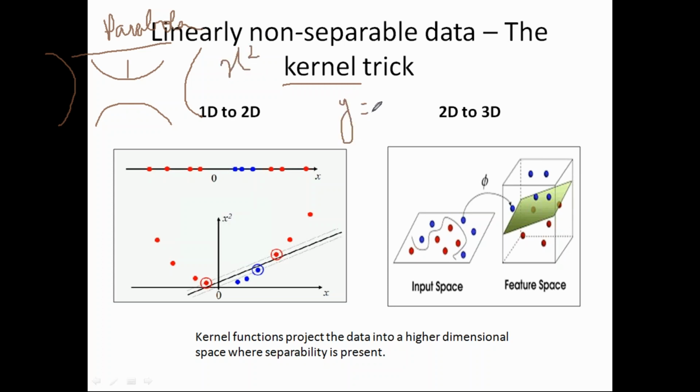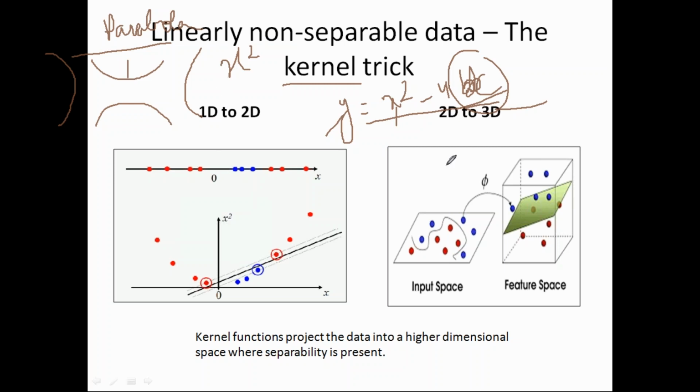It has some equation. I don't remember exactly, but it is something like y equal to x square minus 4ab, or 4bc, where b and c are some kind of constants. x is the data point and y is the output function. So this is the equation of a parabola.